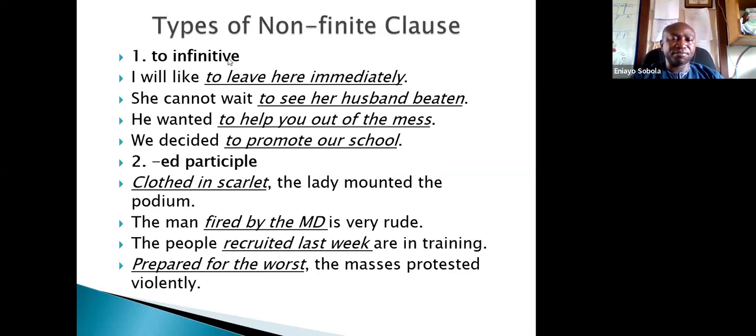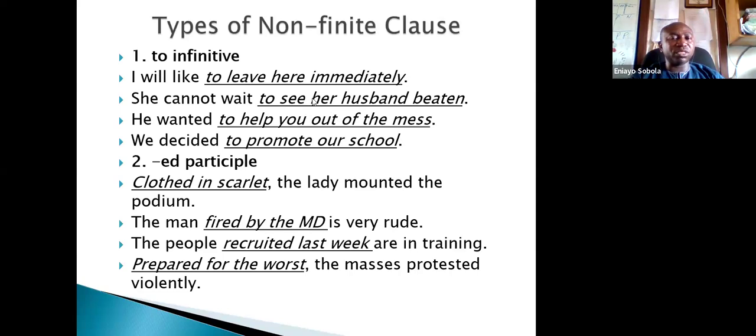We have to-infinitive. I would like to live here immediately. So to live here immediately is a non-finite clause, a to-infinitive.